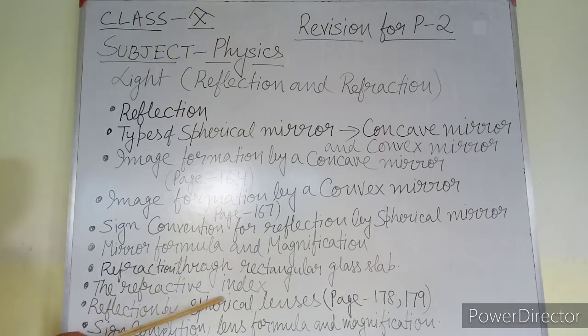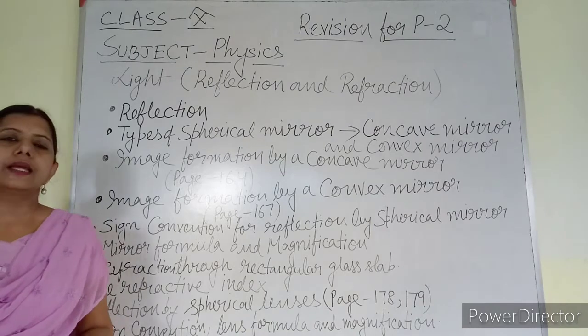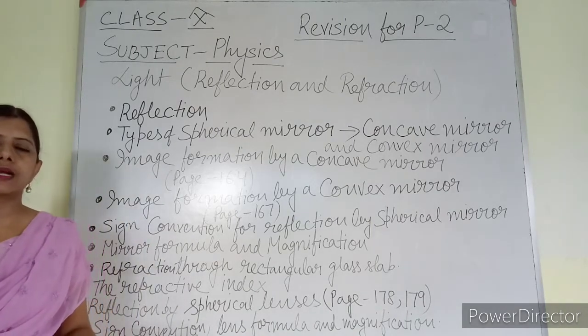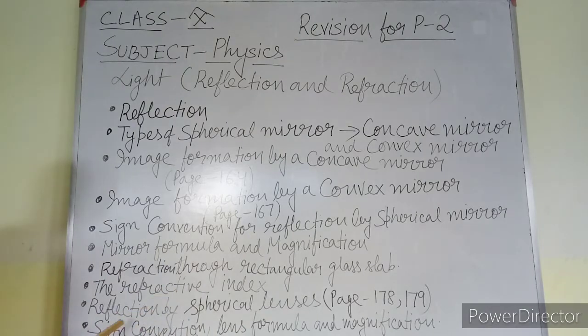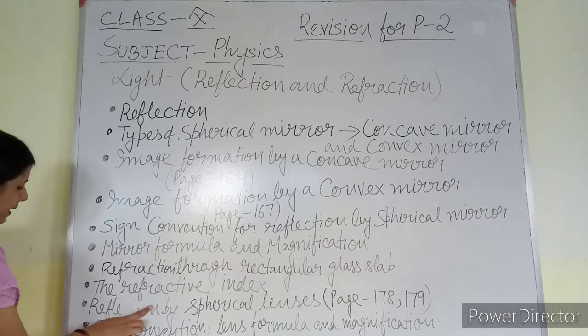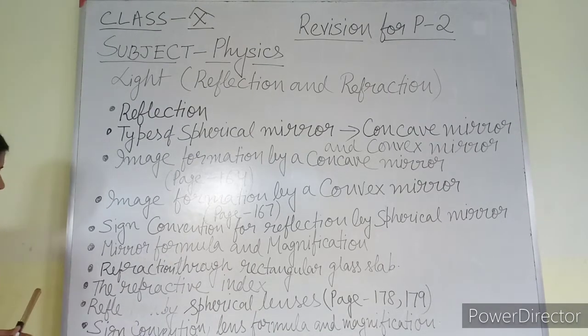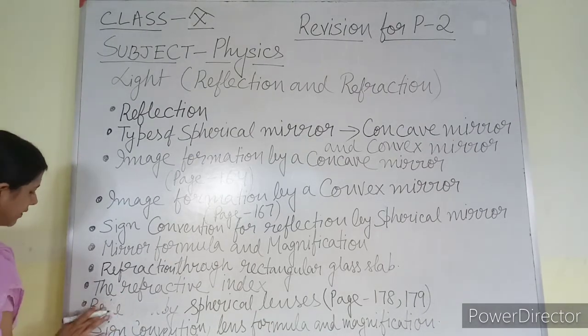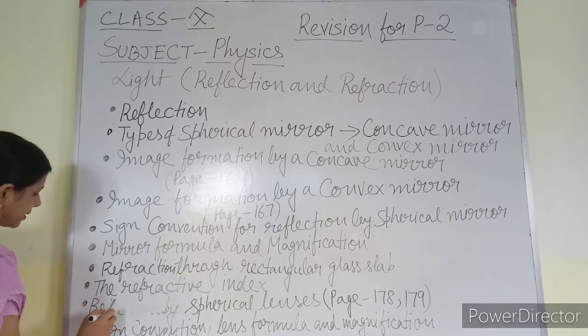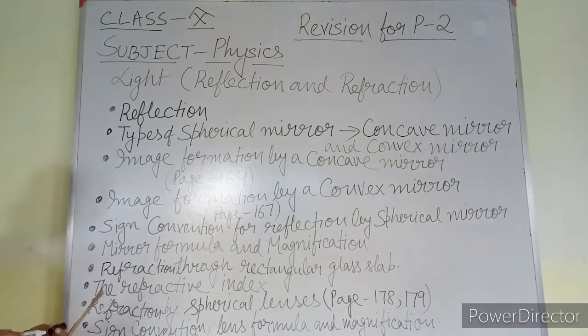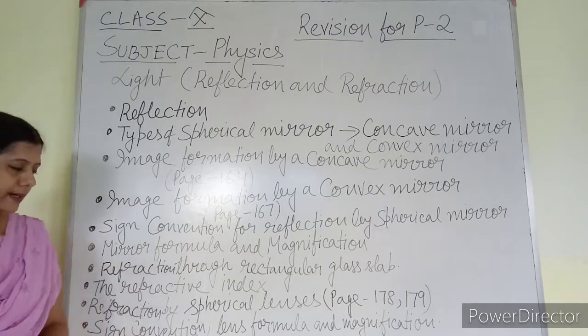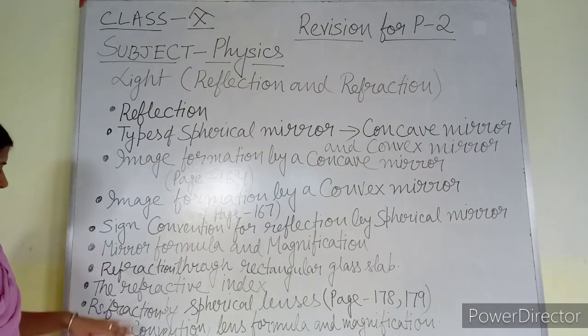Then you have to know the term refractive index. In vacuum, what the refractive index is, you have to remember. Next is refraction by spherical lenses. Because in a lens the medium is changing, refraction is occurring.